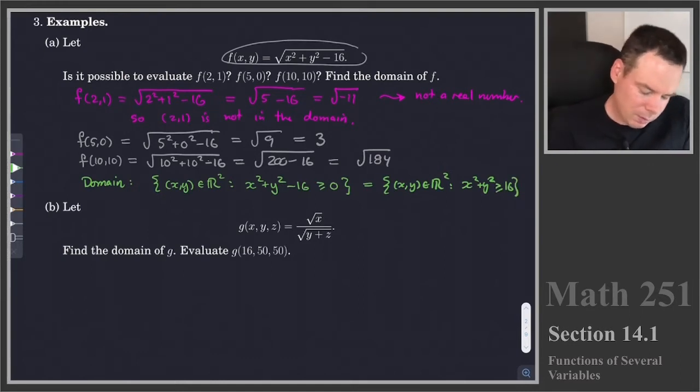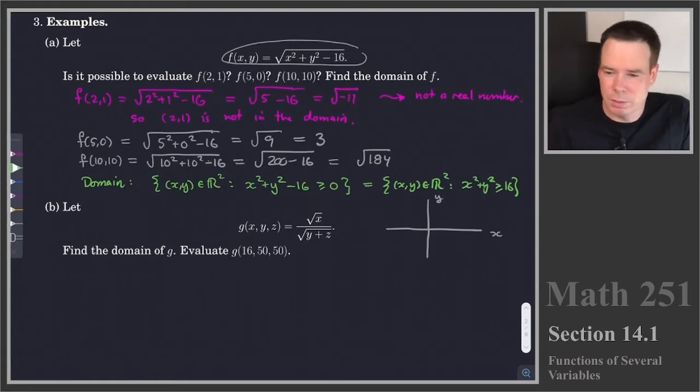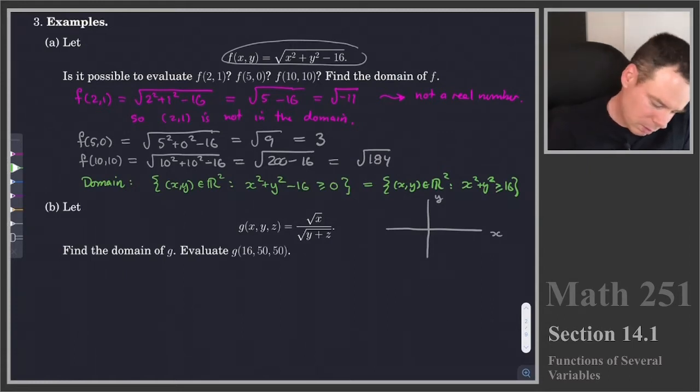So this means that the domain, if I'm going to sketch it here, lives in the xy plane, and it consists of all points x, y where x squared plus y squared is bigger than or equal to 16. In other words, it consists of all points that live on the circle of radius 4, and everything outside of that circle as well.